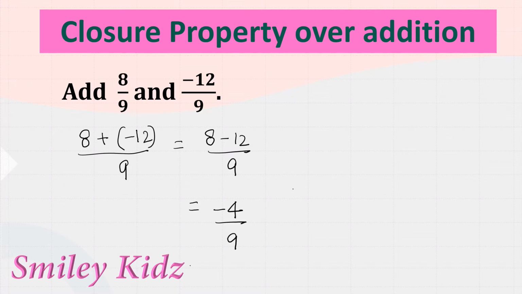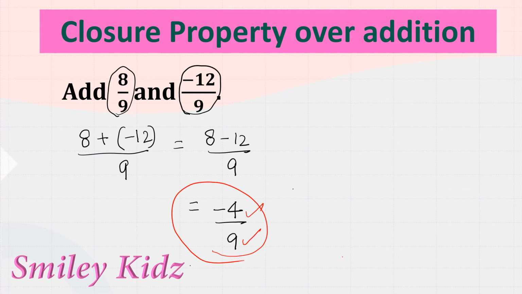So, when we add 8 by 9 and minus 12 by 9, we got the result as minus 4 by 9. So, is minus 4 by 9 a rational number? Yes, it is a rational number because it is in the form of p by q, where p and q are integers and q is not equal to 0. So, minus 4 by 9 also belongs to the rational number family.